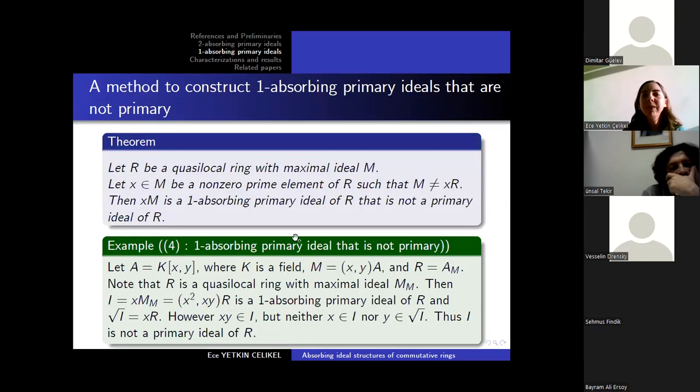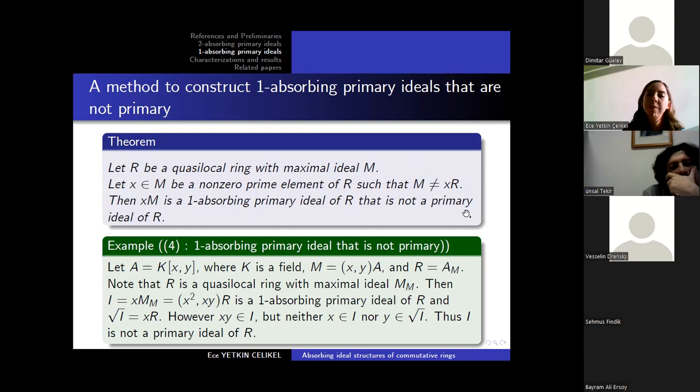Now, we gave a method for constructing one absorbing primary ideals that are not primary. If you consider a quasi-local ring with a maximal ideal, and take an element from this maximal ideal which is non-zero and prime, which satisfies this condition, then Xm is always a one absorbing primary ideal.